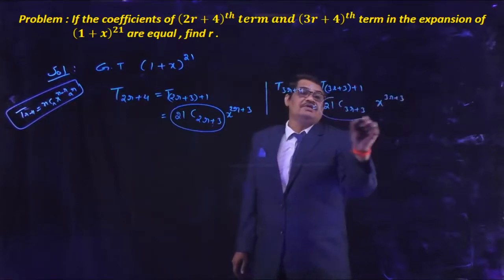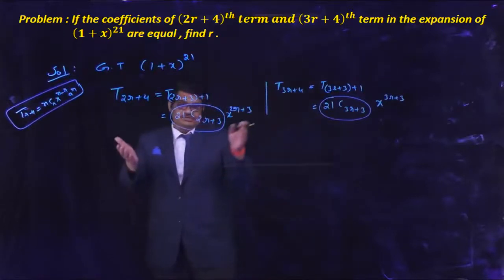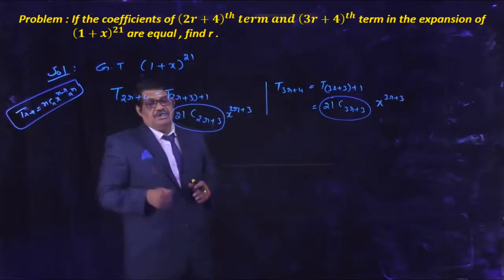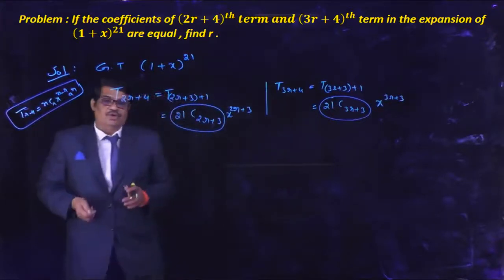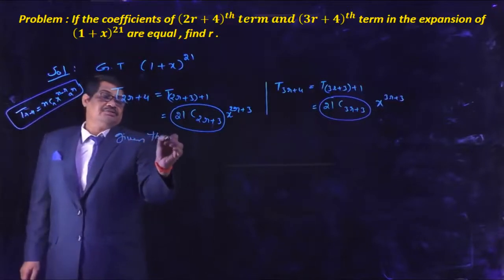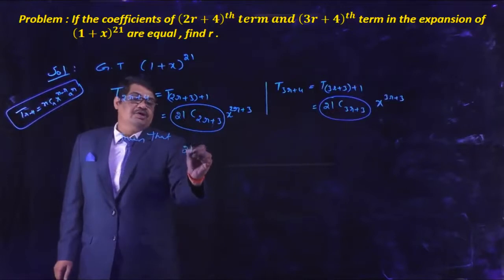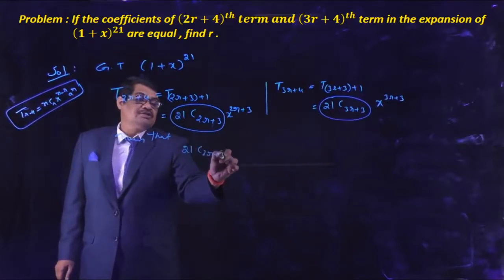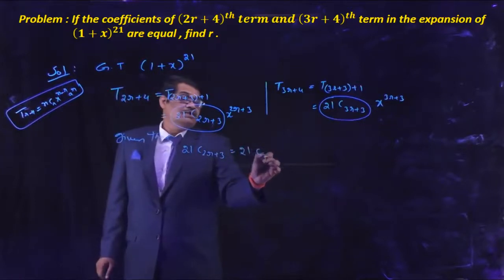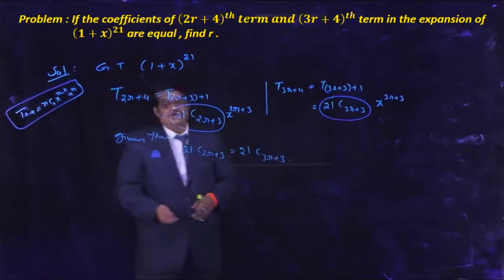Here the coefficient is 21C(3r plus 3). These coefficients are equal in these two terms, so 21C(2r plus 3) is equal to 21C(3r plus 3).